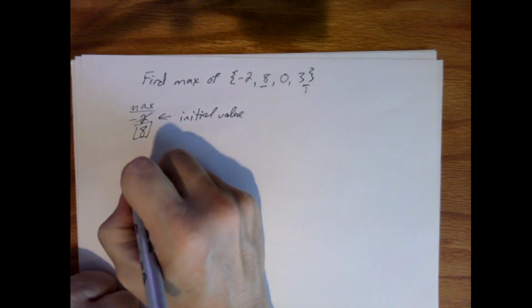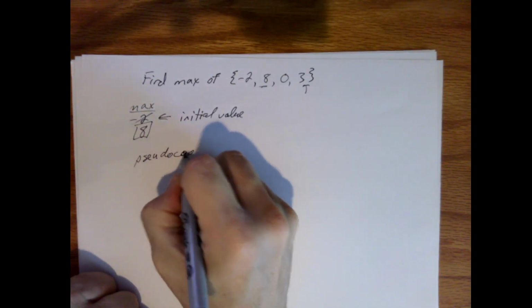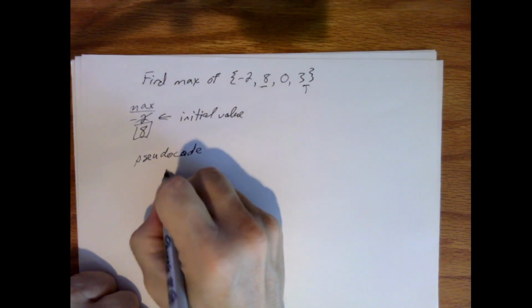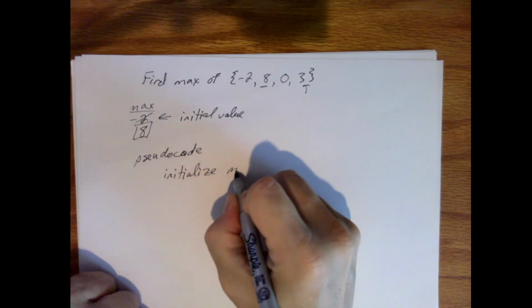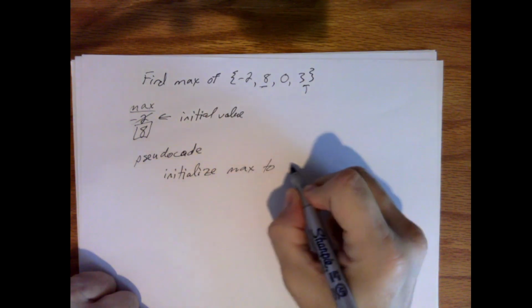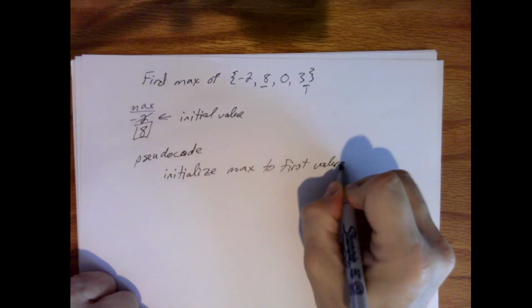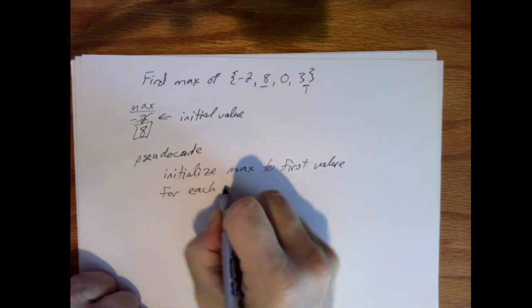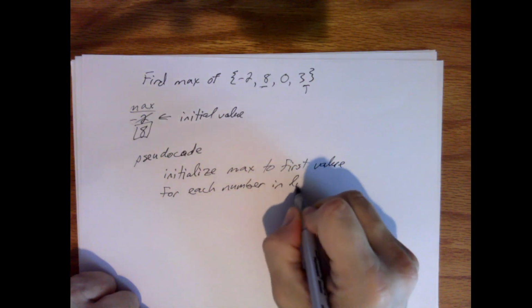So in terms of pseudocode, let me say something like this. Initialize max to first value, then for each number in list or set.